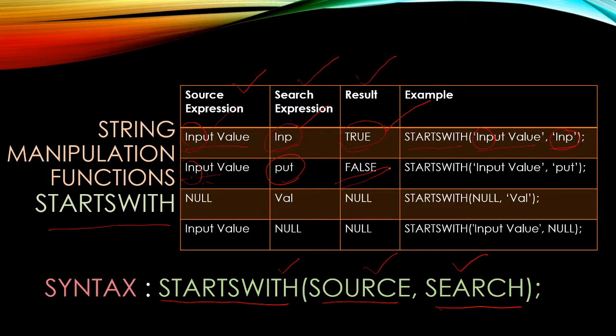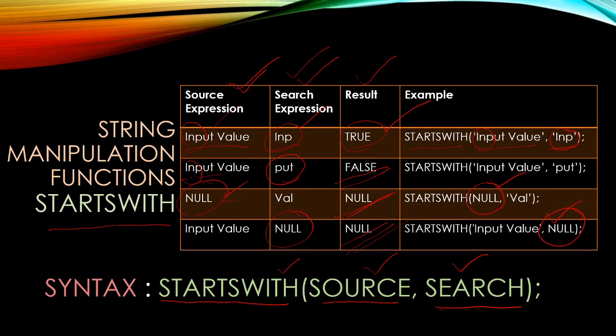There is another result which is called null. Whenever the source expression or the search expression is null, then the result will be null. Even if just one of them is null, the result is null. Why would we give a null?